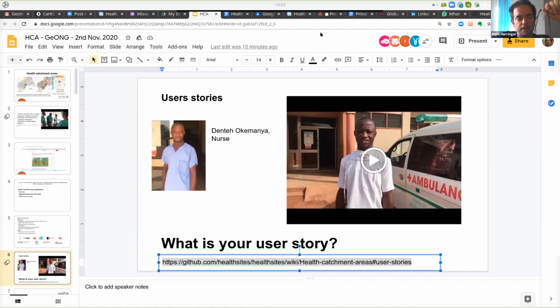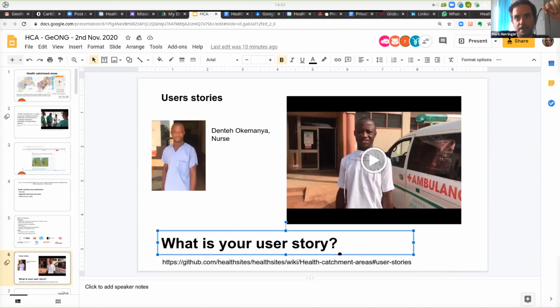And then from the Healthsites side, we're able to understand where the priority lies, and in our backlog we can prioritize those. So I would like to invite you all to use that link. The GitHub is open, and we'd love to see your user story and be able to contact you at a later date and understand that user story further.